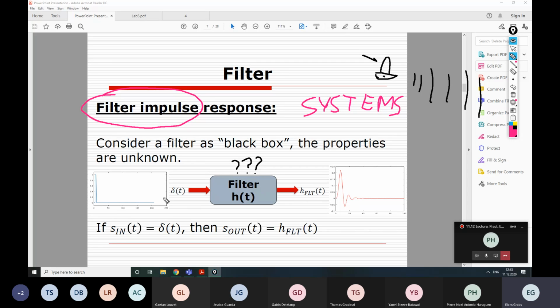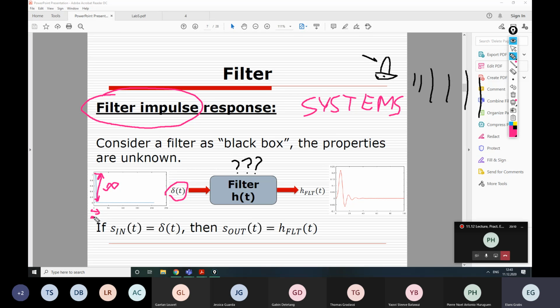So if we send to the input some delta function, which is a mathematical abstraction, and sorry if you hear that, that's my dog, and that is a mathematical abstraction with infinitely large impulse amplitude and infinitely short duration.